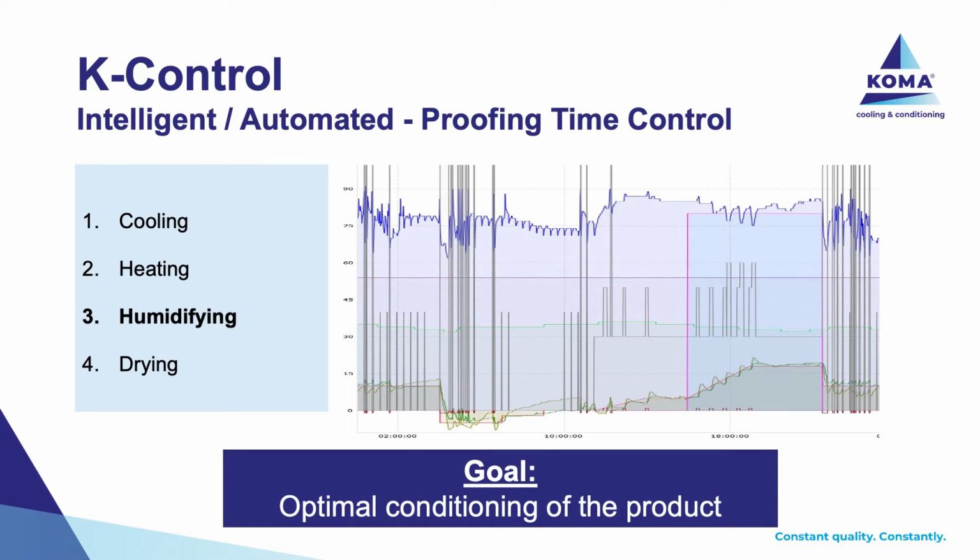At a certain point you need to humidify the air, and we have to make sure that the dough in this area should not be dehydrated. Basically it is to optimize the product in all phases with the right temperature, with the right air and the right humidity. This is why we open up the whole process and is graphically visual for our people.